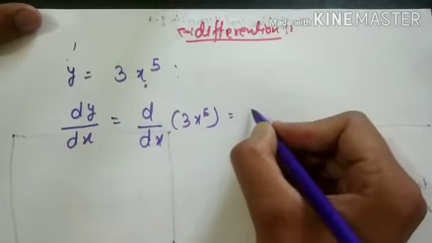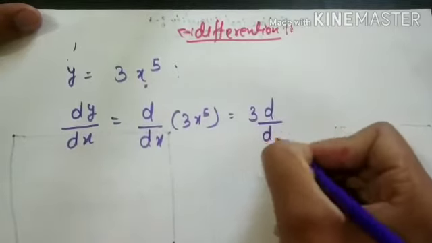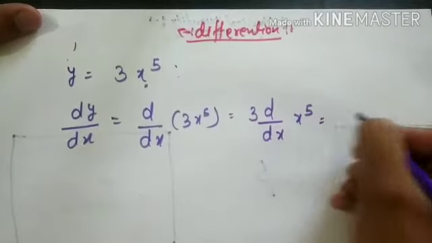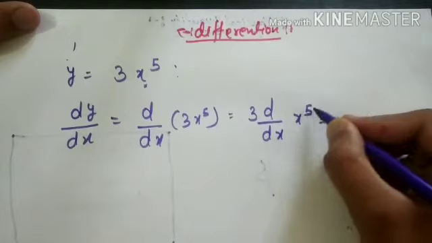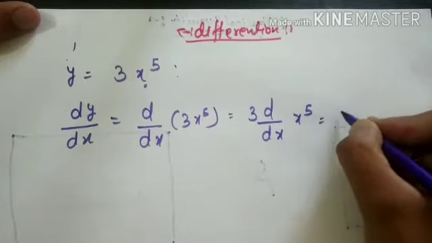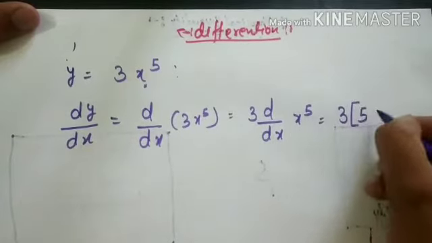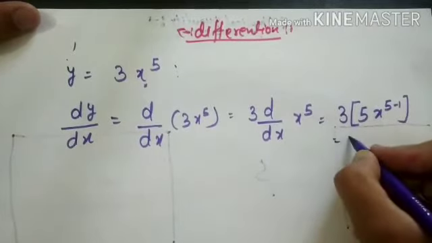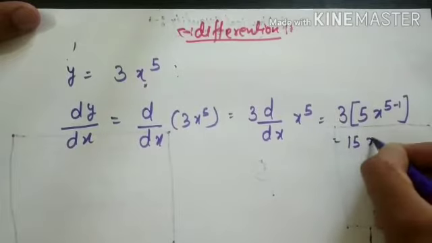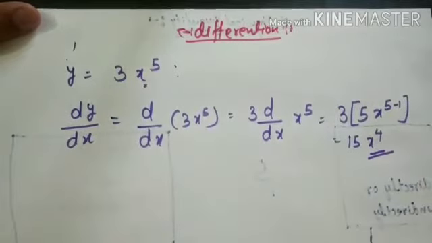Then this becomes 3 dy by dx of x to the power 5, and differentiation of x to the power n is n x to the power n minus 1. So the answer is 3 fives are 15 x to the power 4.